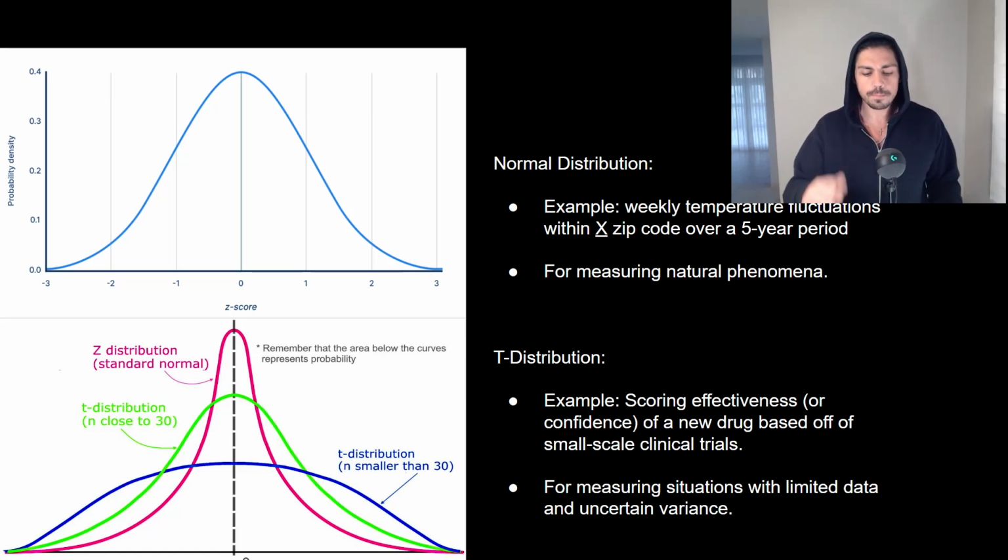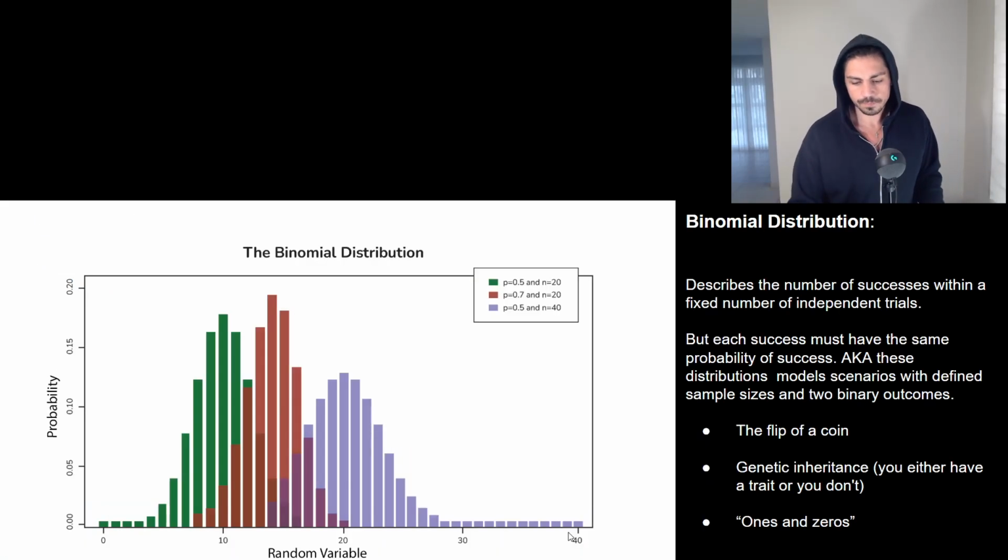So it's something that approximates a normal distribution, but isn't able to achieve a truly normal distribution, like you can see with these green and blue lines, because we are limited in data and we have a very uncertain variance. So if you're seeing this distribution, you're most likely seeing something with limited data.